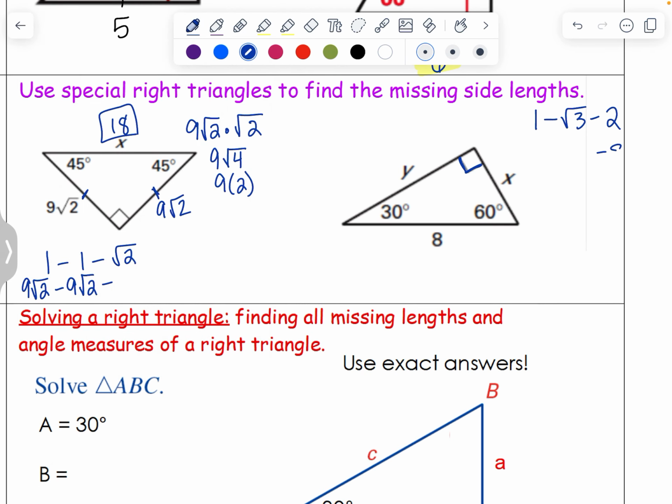So the hypotenuse is double your short leg. So if the hypotenuse is 8, the short leg is 4. And then the long leg across from the 60 is the square root of 3 times as big as the short leg, or 1.7 times as big. So we leave that as 4 square roots of 3, 4 times the square root of 3.